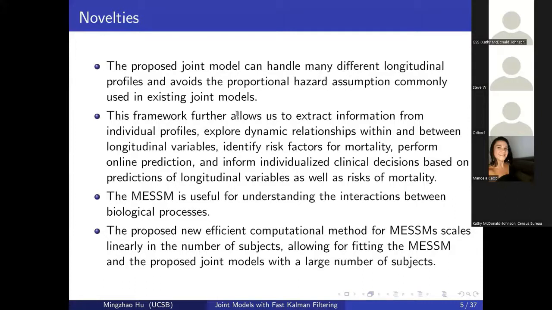Furthermore, our mixed effect state space model is useful for understanding the interactions between biological processes. In terms of the methodology, our new efficient computational method now scales linearly in the number of subjects, which allows for fitting the MESSM and the joint models over a large number of subjects.